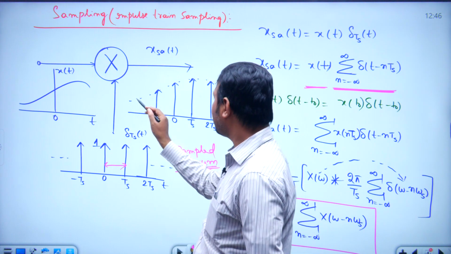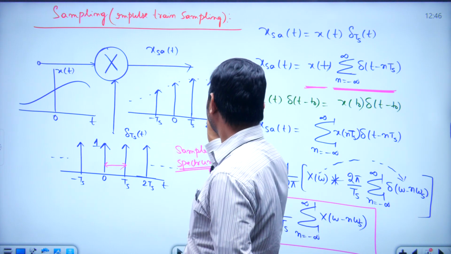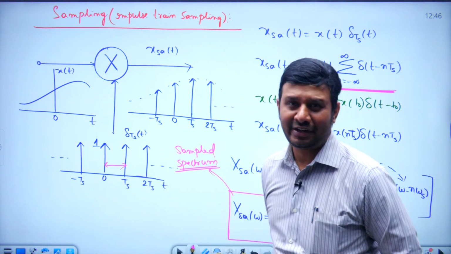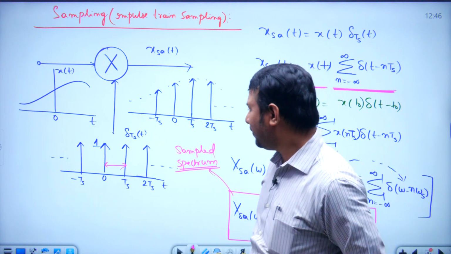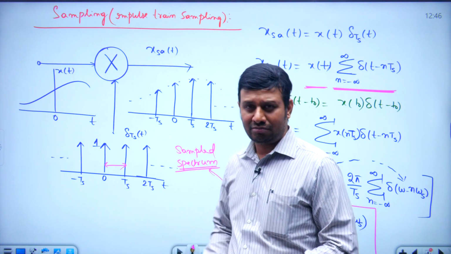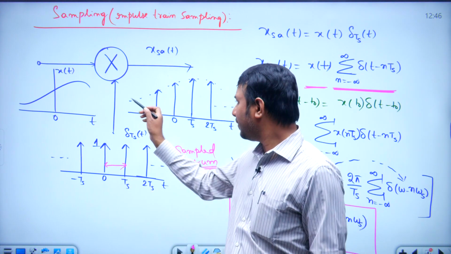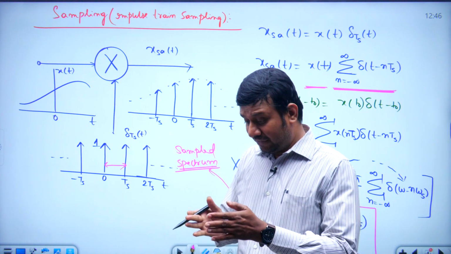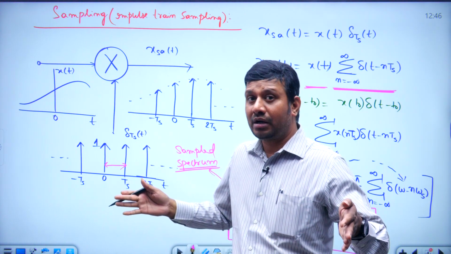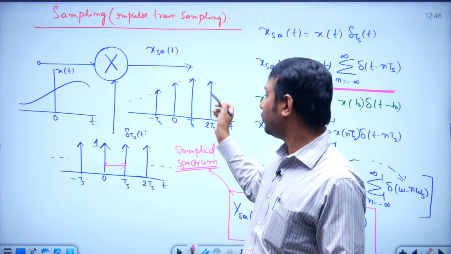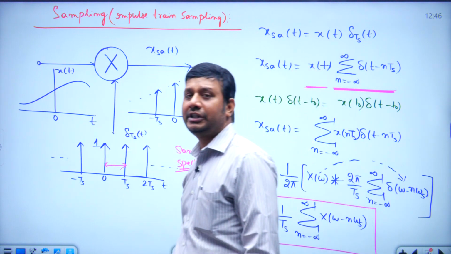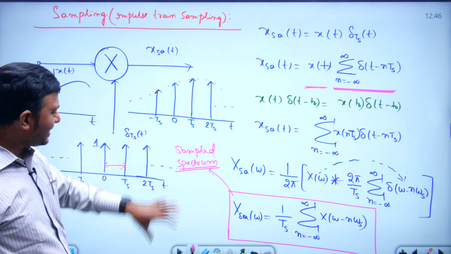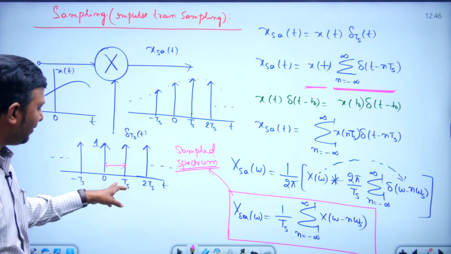Reconstruction means if you join the tops like this, you must get the shape of the original signal, and that depends on the values of Ts. If your Ts is very small, if you join like this, you will easily get the shape of the original signal. Whereas if the Ts values are very far apart, you may not be able to get the shape of the original signal. So the reconstruction depends on the values of Ts.